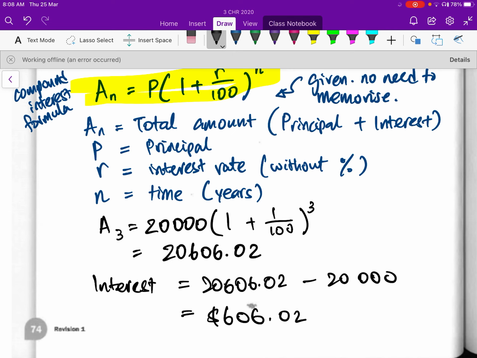What did they earn? They didn't just make $600 from your $20,000. You give the bank $20,000, right? They go and invest. They do a lot of things with your money. Then from your $20,000, maybe they make $1,000 over 3 years. Then $1,000 extra, right? $600 I give you. You happy? I happy. I earn $400.